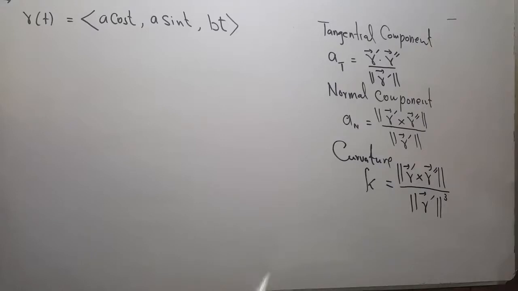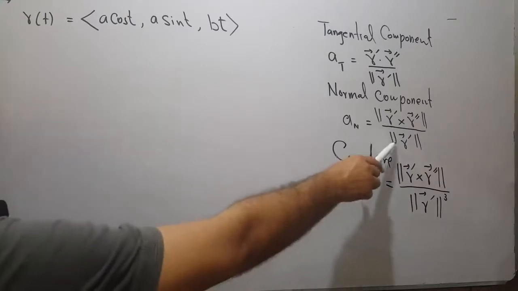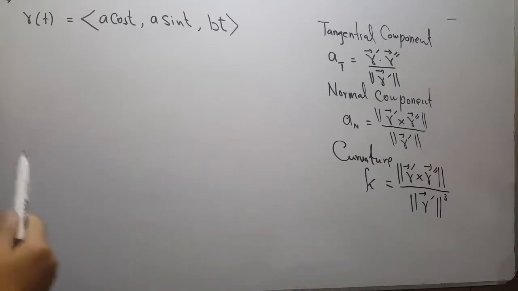Then the normal is r prime cross r double prime divided by the magnitude of r prime, and kappa is the magnitude of r prime cross r double prime divided by the magnitude of r prime cubed. So it's just taking the cube of this one, and you get the answer. So the first one is the tangential component of acceleration.